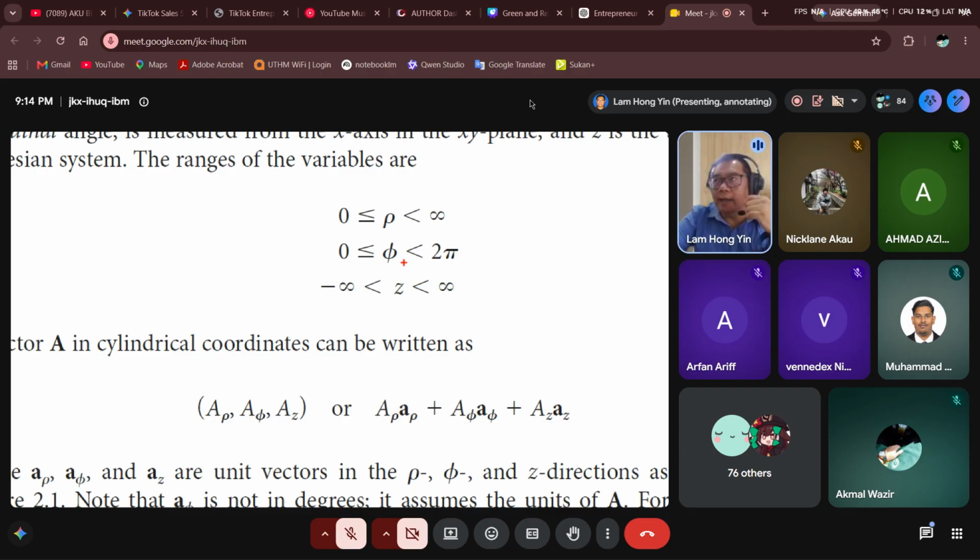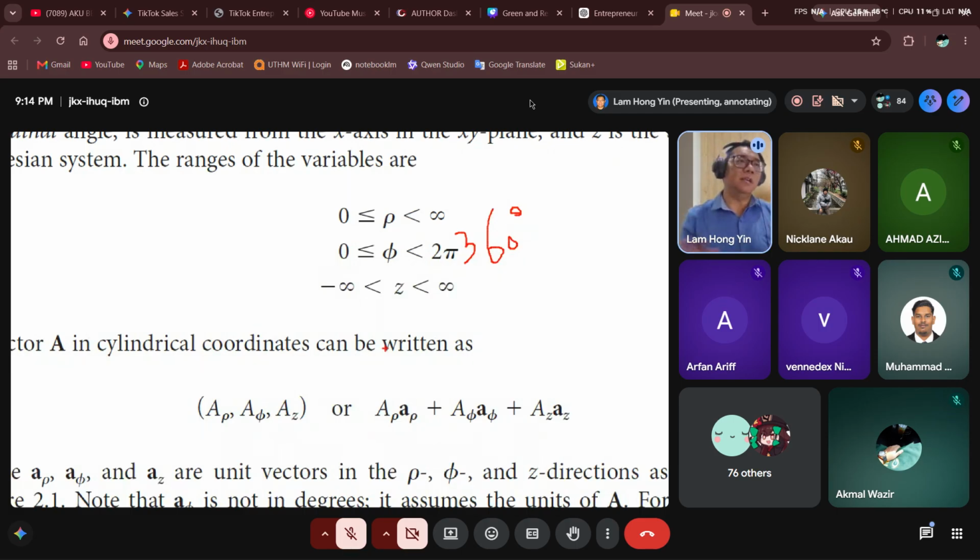Next is the phi. If you have the complete circular shape, you have 2 pi, which is equivalent to 360 degrees, right? So this is in radians, from 0 to 2 pi. And how tall is your cylinder?